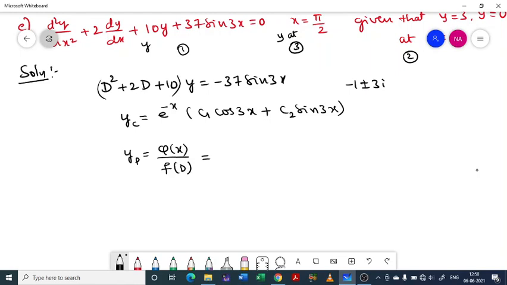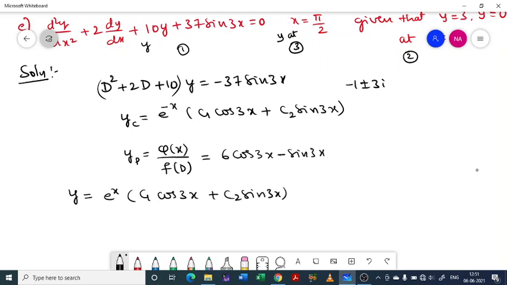You can check that it will finally be 6 cos 3x minus sin 3x. It will be yp. So the general solution y will be e power minus x times c1 cos 3x plus c2 sin 3x plus 6 cos 3x minus sin 3x. Call this equation 1.